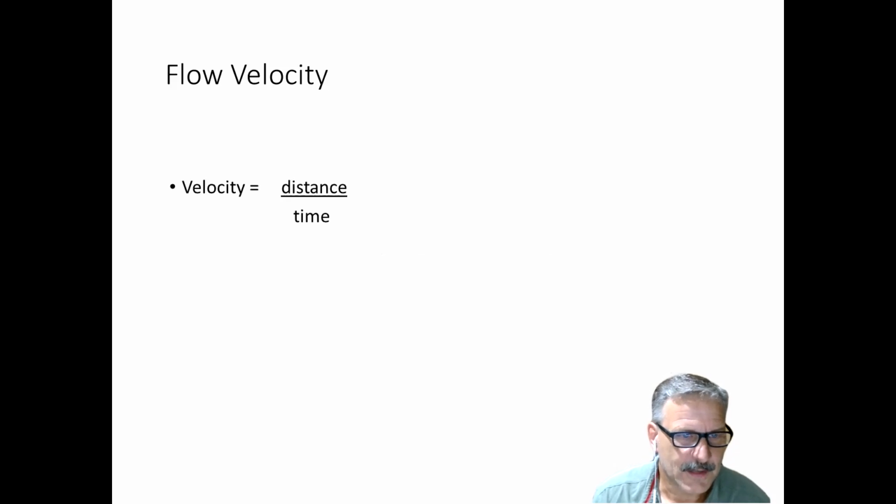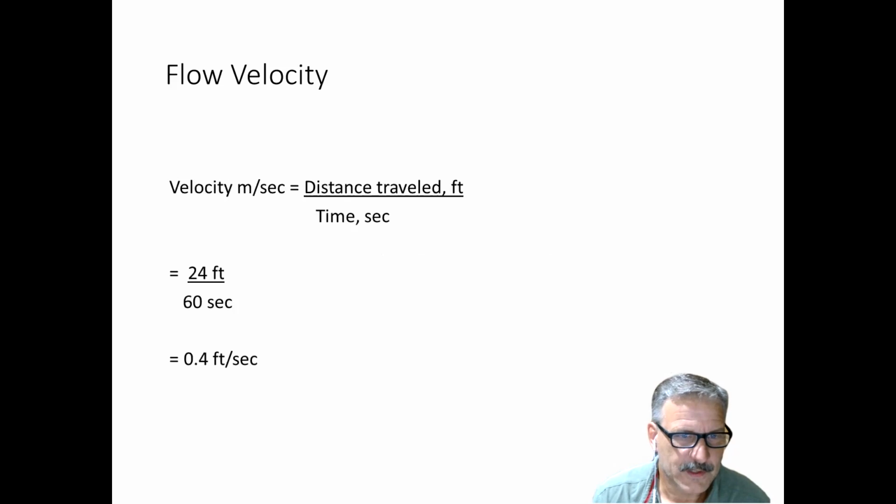Velocity equals distance divided by time. In this question, distance traveled is in feet and time is in seconds. So 24 feet divided by 60 seconds, which means that stick travels 0.4 feet per second.